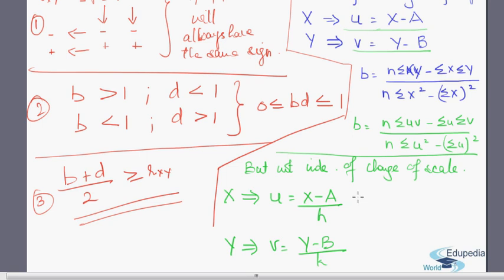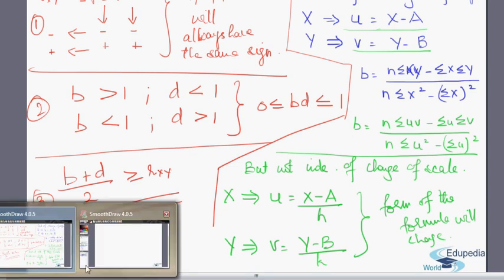Now in this case our formula will change. The form of the formula will change. So let's see how it changes. Here, from x we have got u equals x minus a divided by h.